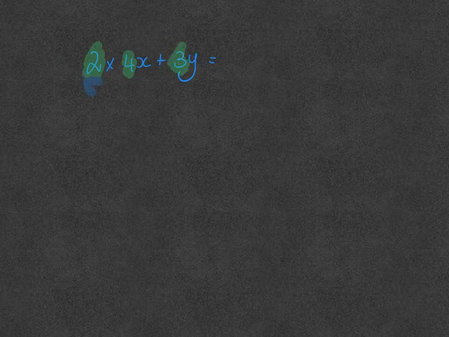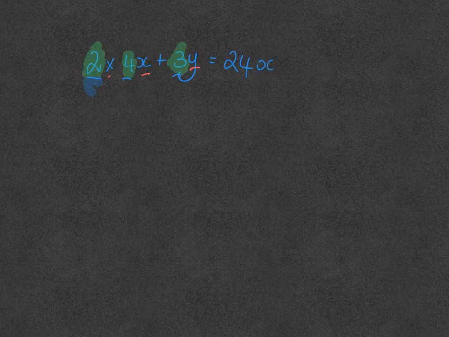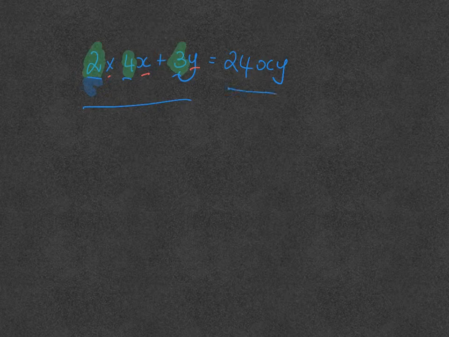So 2 times 4 is 8, times 3 is 24. Then we're left with our pronumerals, which is x and y. So in this case it would be 24xy. So this again is the same as this, but this has been simplified.